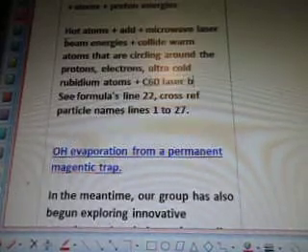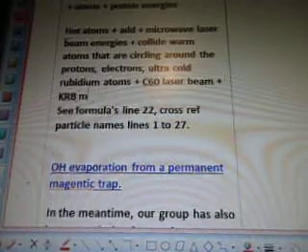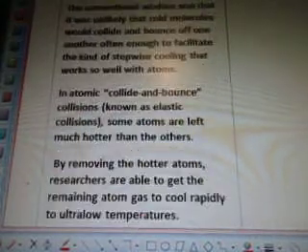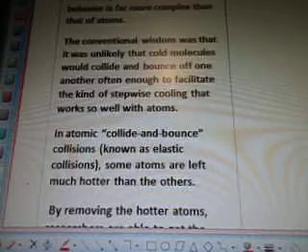I don't know how that comes into play. And then we want to add the KRB molecules to this mixture. Okay. So, okay, the conventional wisdom that is unlikely that the cold molecules would collide and bounce off.